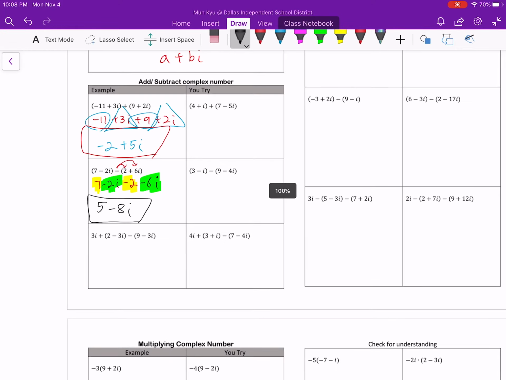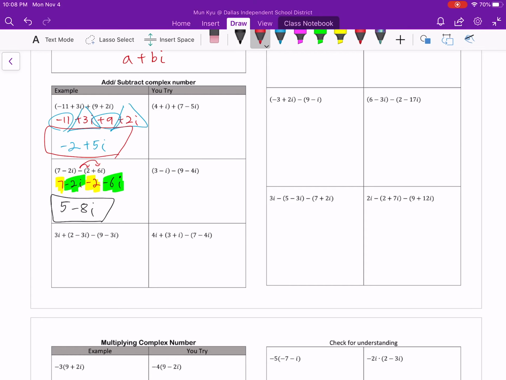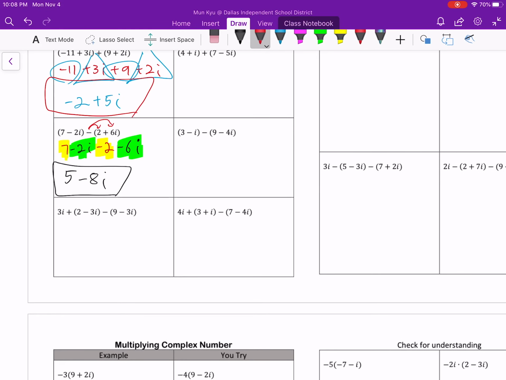Ooh, I'm rushing through here. Here, it's even easier. 3i, we have nothing to do with this, so we just drop it down. If we distribute positive, nothing changes, so it's going to be plus 2 minus 3i. But here, if we distribute negative, that changes something here like this. Don't forget, negative times negative becomes positive here, okay? So let's do one by one.